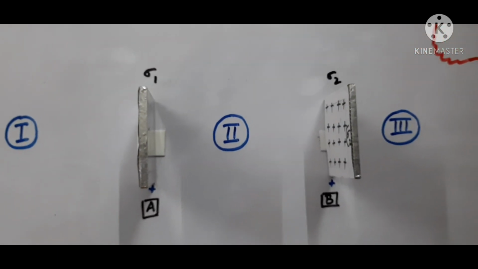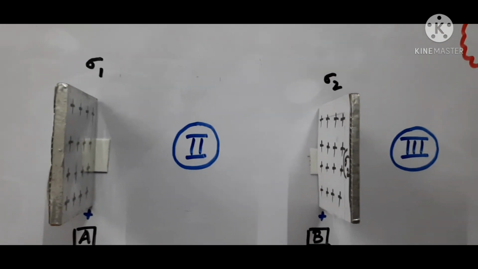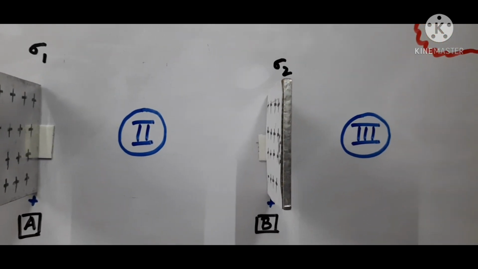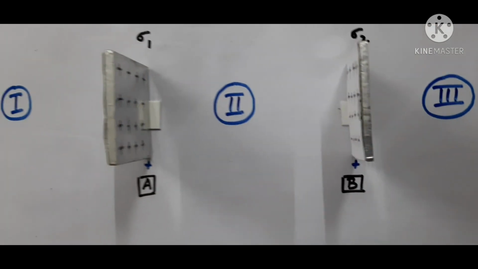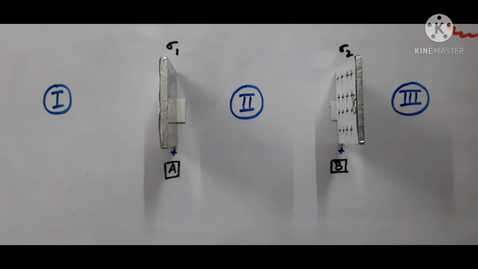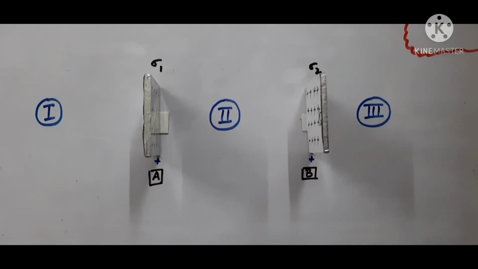Plate A is having surface charge density sigma 1 and plate B is having surface charge density sigma 2. At these three regions we have to find the net electric field intensity.